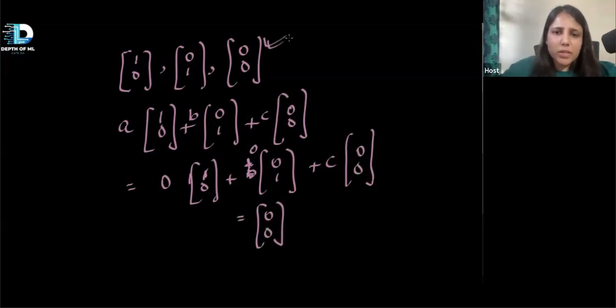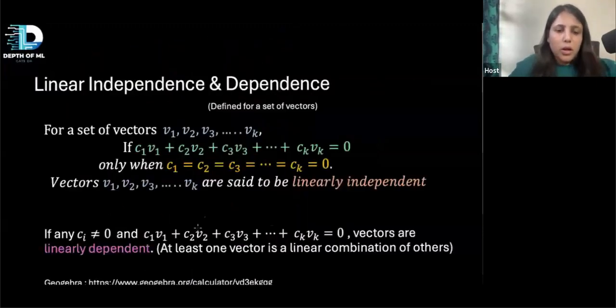So whenever a zero vector is present in any set, it automatically becomes linearly dependent. So we need not specify that all Vis should be nonzero. All it's saying is that given a set of vectors, if you can find one Ci which is non-zero and still satisfies the equation, then it becomes linearly dependent. So if we have a zero vector, this will automatically become linearly dependent. Is that clear? Everybody clear about linear independence and dependence?